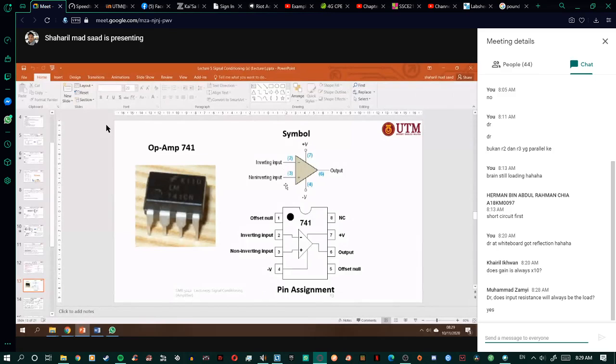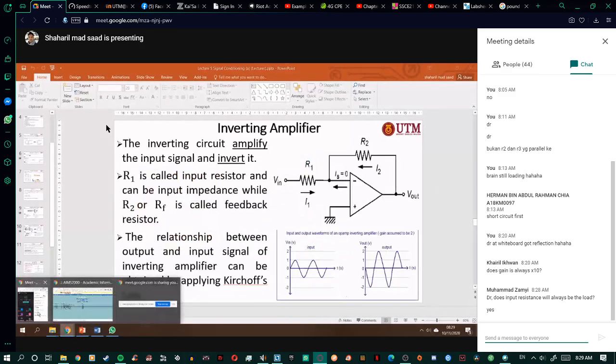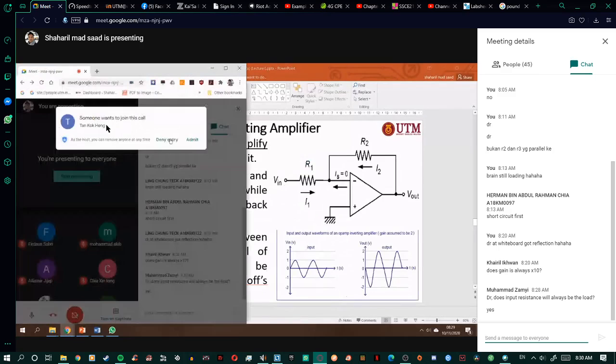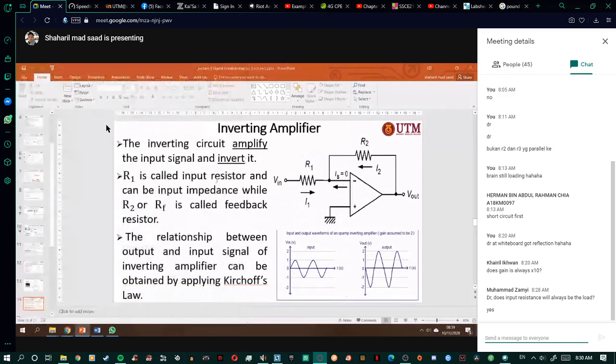The op-amp can be configured in a lot of ways. One of the examples is the inverting amplifier.